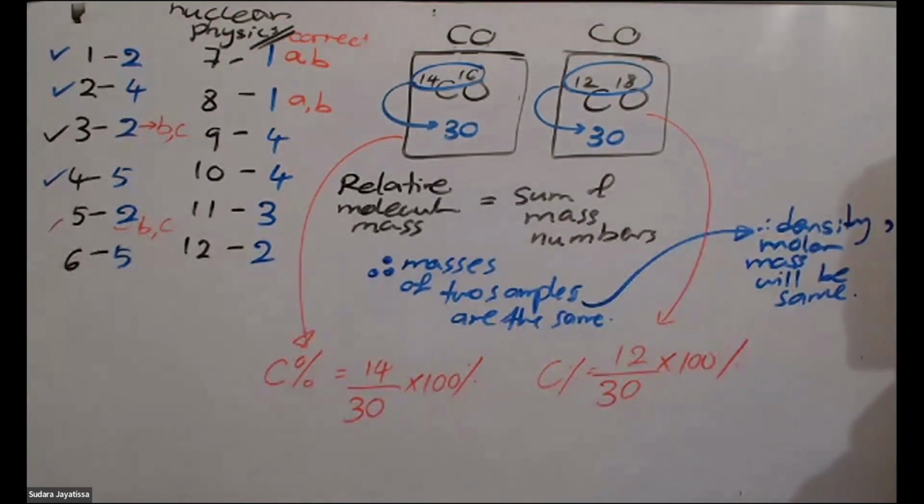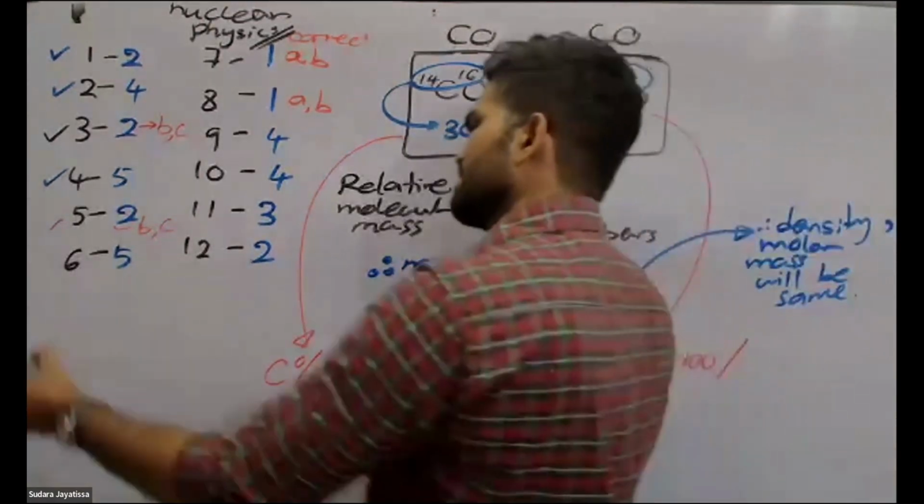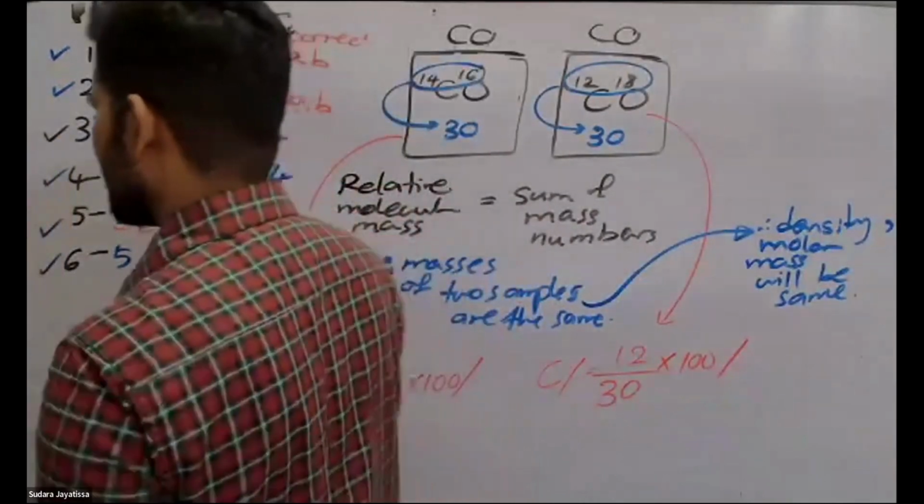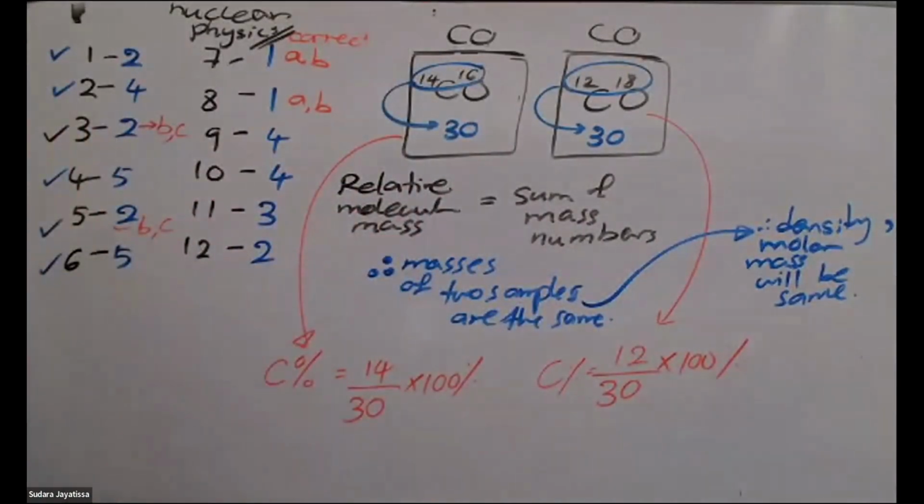What is going to be different is the carbon percentage and oxygen percentage. I didn't write anything for oxygen percentage; when you write the review, you can add that also. So the answer for the sixth question is that the property with a significant difference is the mass percentage of each element. All other things will be the same.